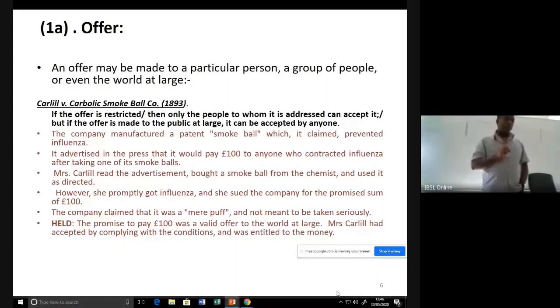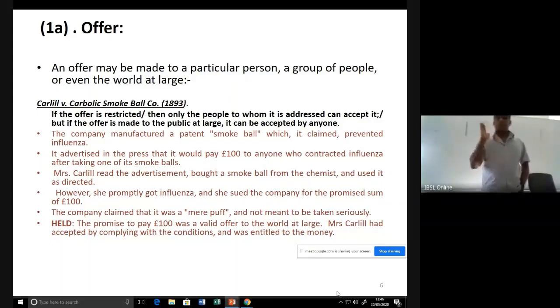Actually, it's a medicine, but in the form of a toffee, they manufactured it and they advertised this product in papers. They said this product is good for influenza. If you take this pill or this toffee, if you consume this, you will not get affected by influenza.